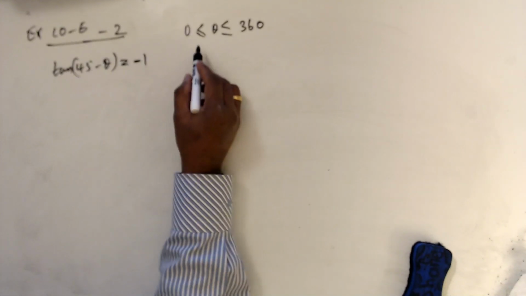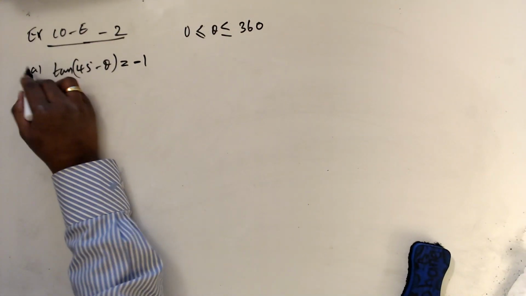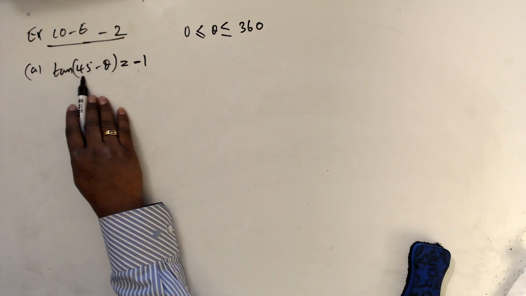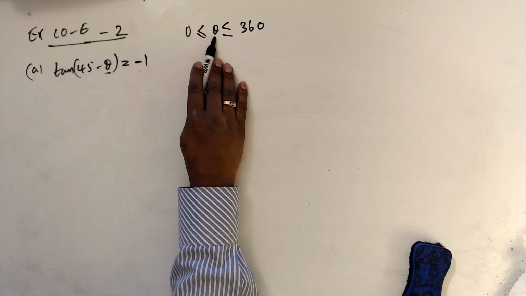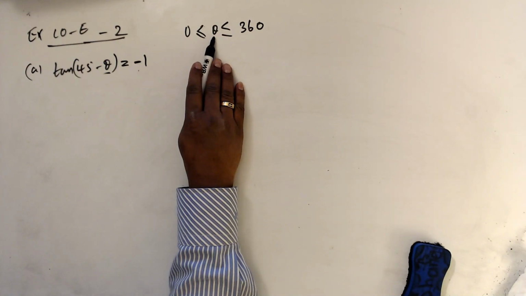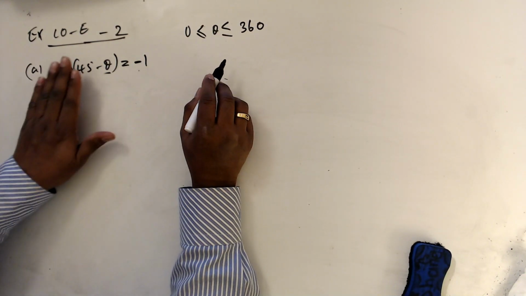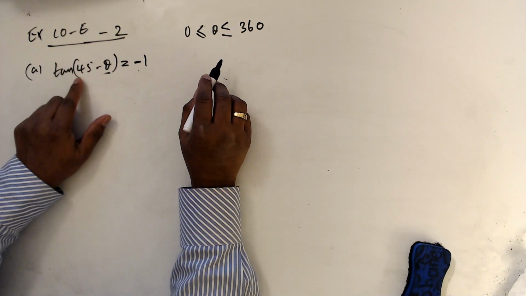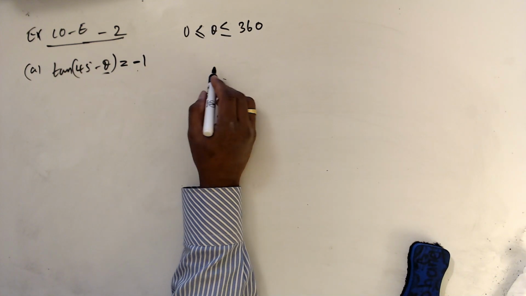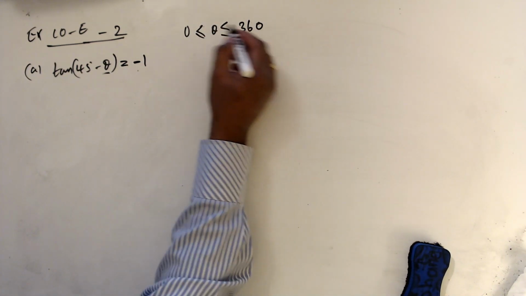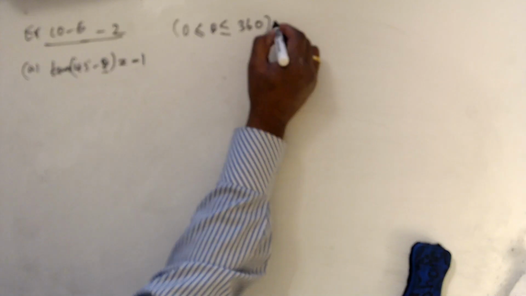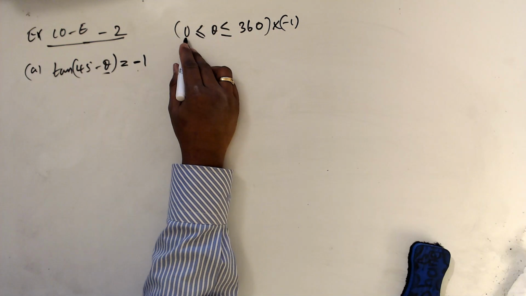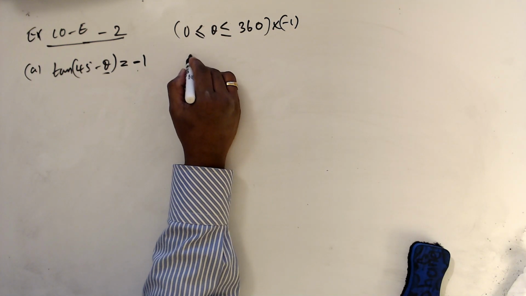Now, this is question number 2a, tan of 45 minus theta is minus 1. So this is 45 minus theta, this is theta. Now I am going to deal with 45 minus theta. First of all, I want to make minus theta. Then I want to add 45. So that's the plan. So we'll multiply by minus 1. So then this becomes minus 1 times 0, 0.